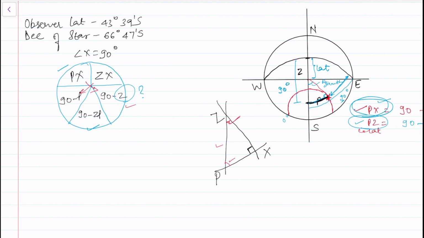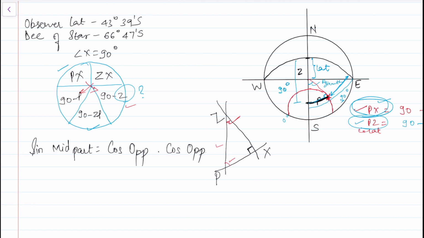As per Napier's formula, I'll write the formula first: sine of mid part is equal to cos opposite into cos opposite. Now, why am I using this formula? We have another formula also, sine mid part is equal to tan adjacent.